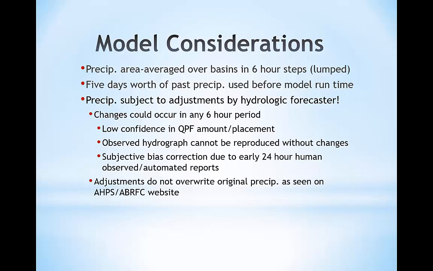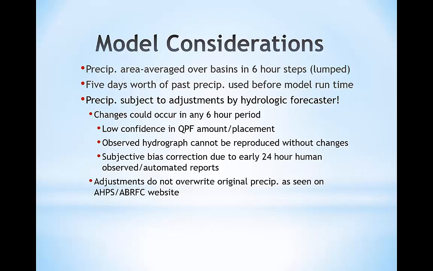Keep in mind, however, that these adjustments are only made within the model and do not affect the official QPE or QPF published to the Advanced Hydrologic Prediction Service, AHPS, website or on our own website.